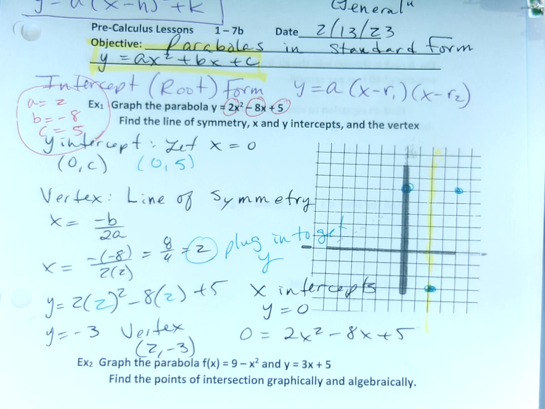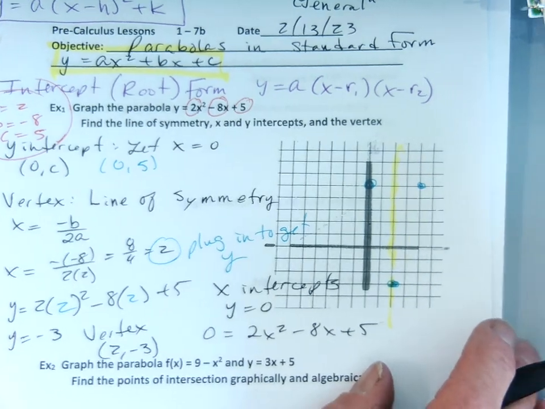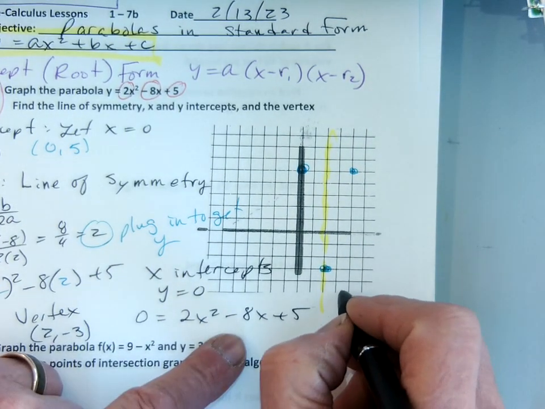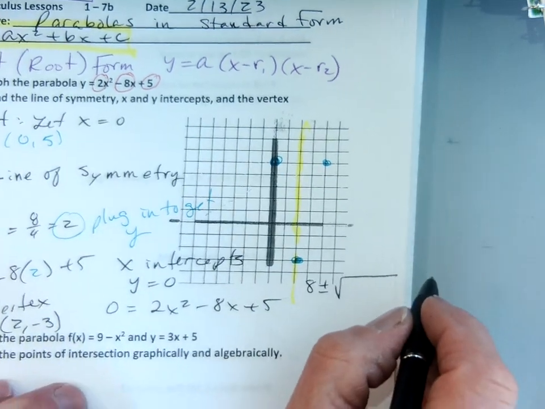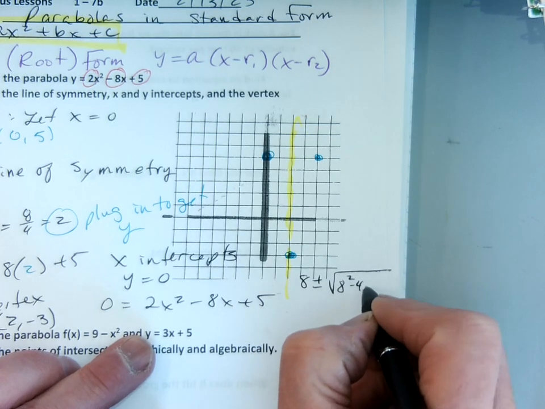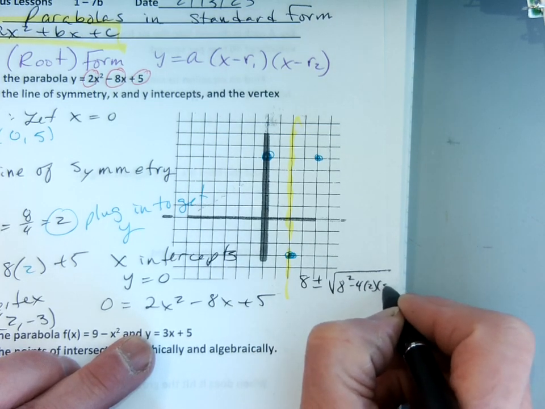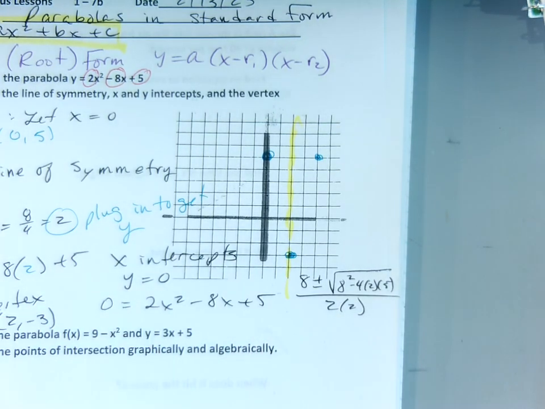I can get a 10, I can get a 5 and a 2, but I can't get an 8. Doggone it. So we'll just do it really quickly with negative b plus or minus the square root of b squared minus 4ac, all over 2a, unless you guys can see it factors. I don't think it factors. Darn it, it won't factor.